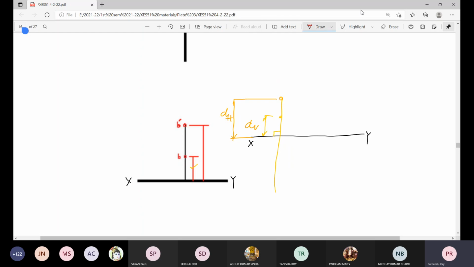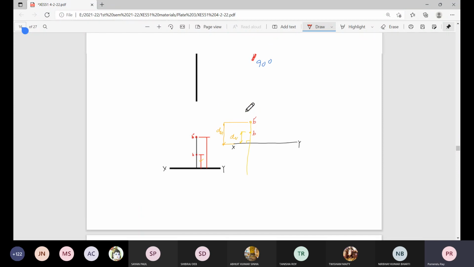Names are, this is the top view, this is the front view. This front view gives the height dh and top view gives the distance from the vertical plane. So distance from the vertical plane is given as distance of plane, either below or above ground line.